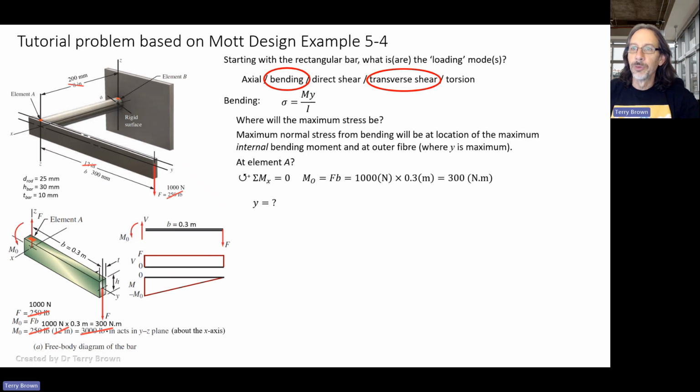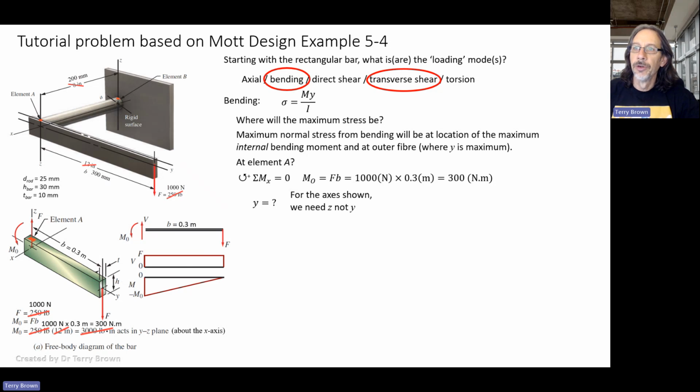So what is Y in this equation? We've said that in this equation, it's the distance from the centroid in the cross section, the neutral axis, to the outer fiber. So here we shouldn't really have Y in this equation. Really, it's Z according to the coordinate system that we've used.